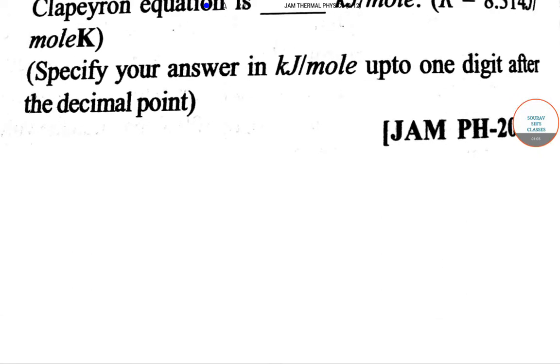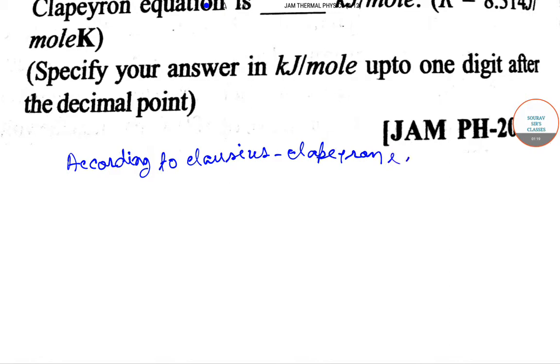So according to the Clausius-Clapeyron equation, we can write dP/dT is equal to L by T into (V2 minus V1).